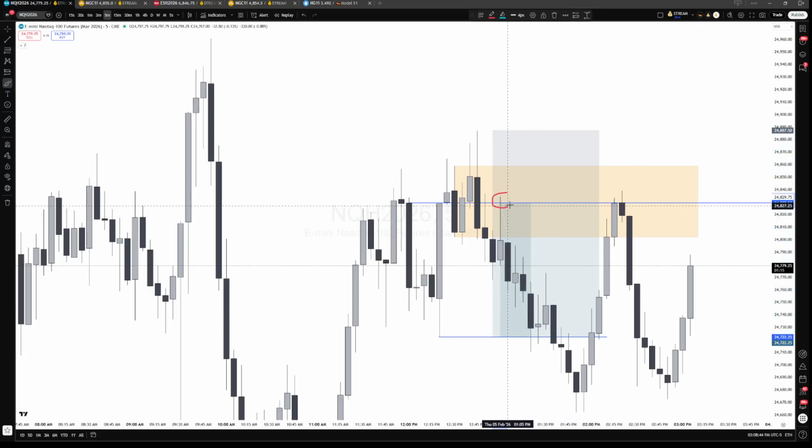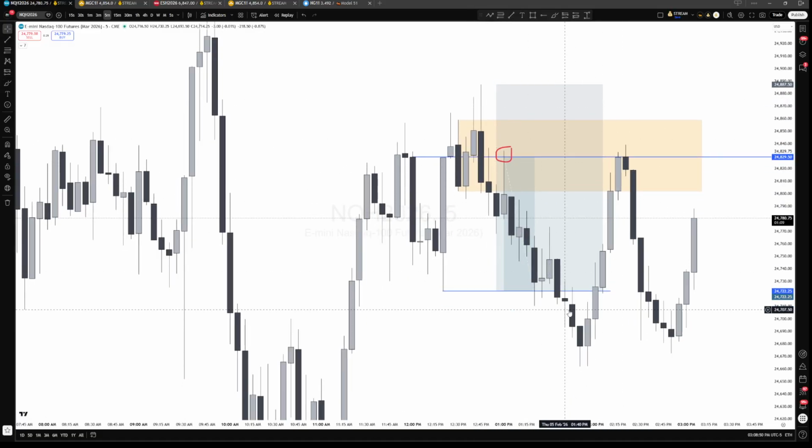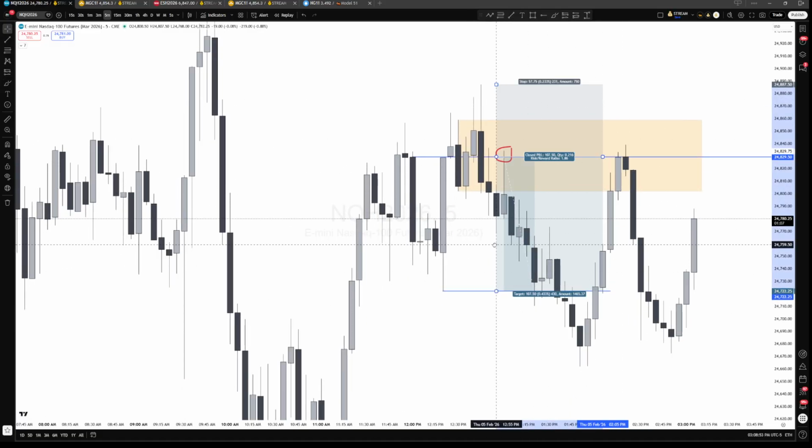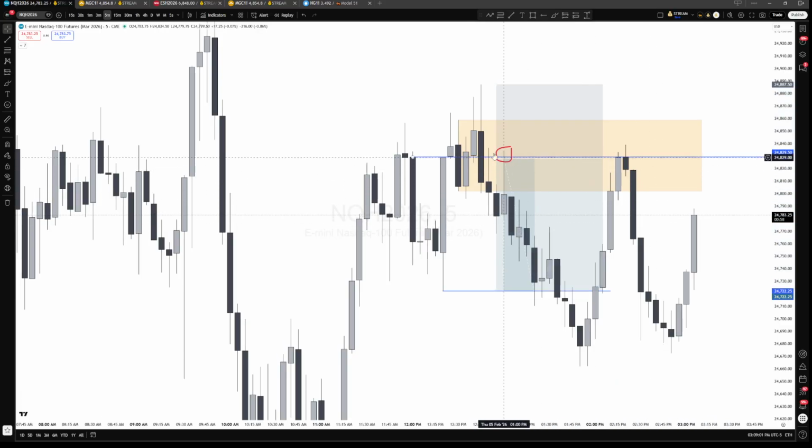We got in there for 5 points, but we hit about 5 points of drawdown, and then we go right down to our target, and that made our trade. It took our trade to about a 1.8 R instead of a negative R trade, just by going a little bit higher and giving a little less room for our stop, but allowing us to get a much cleaner entry there.